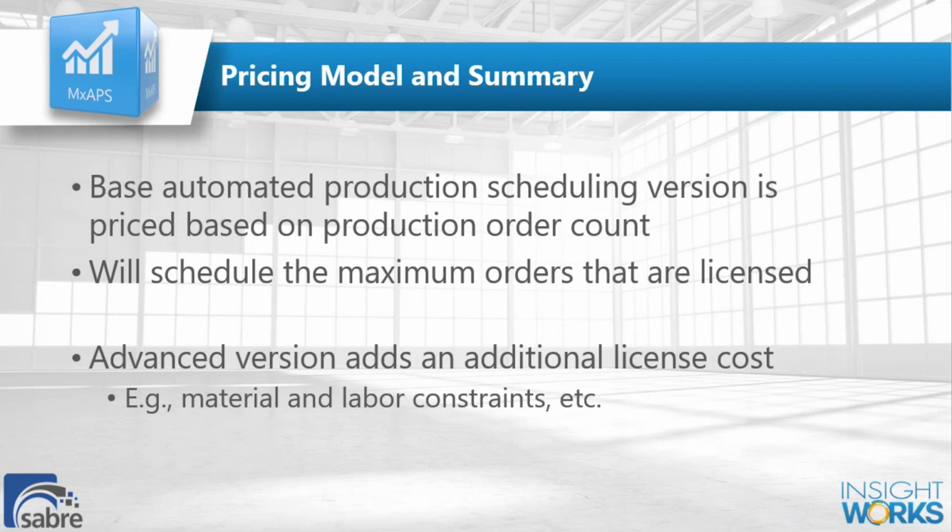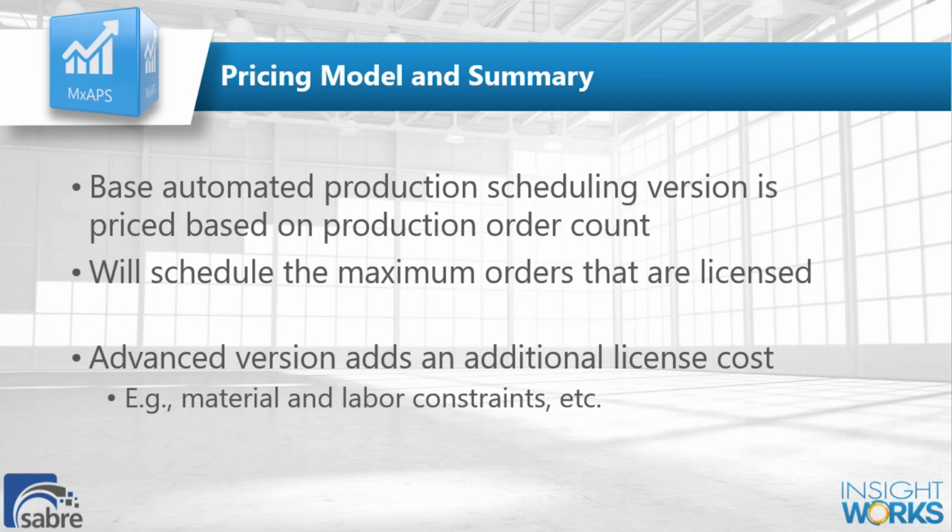But the way it's priced is based on the number of production orders you schedule at any given time. So if I've got 50 production orders going on a weekly basis, you get the license that covers up to 50 production orders. I think the levels are up to 75, then up to 200, then up to 500 or something like that. The cheapest solution is less than a couple hundred dollars a month.